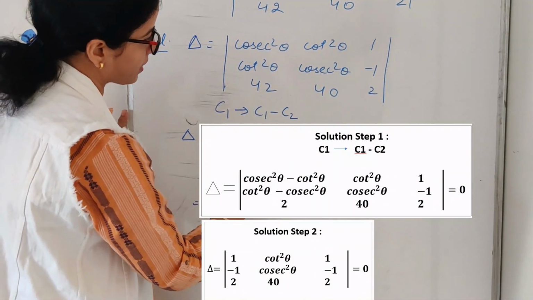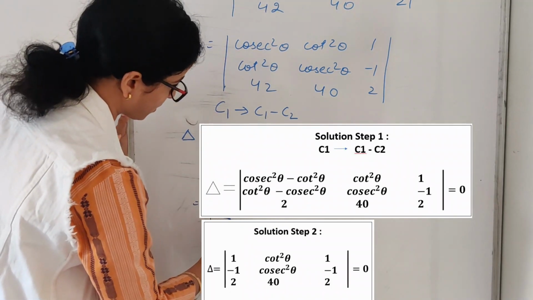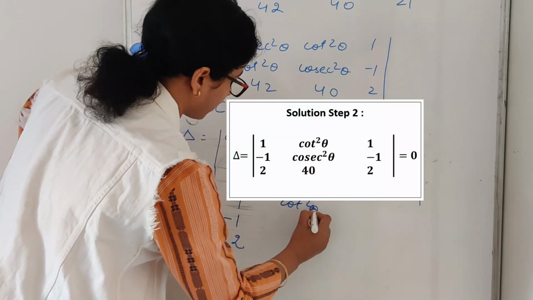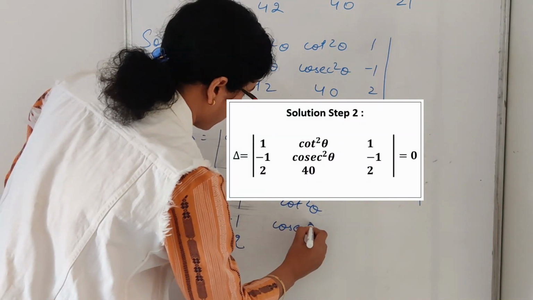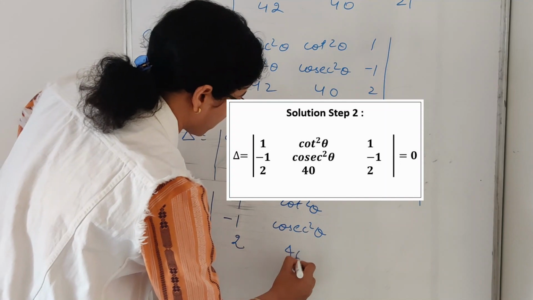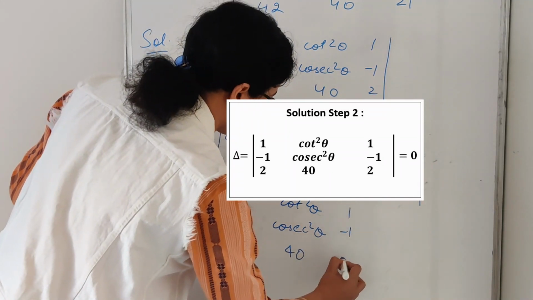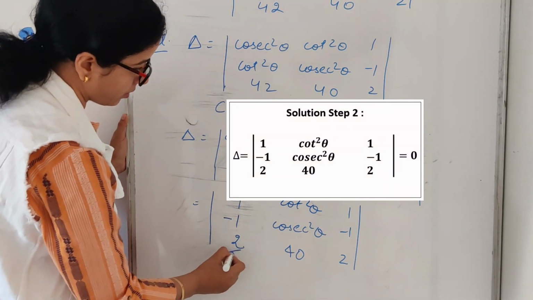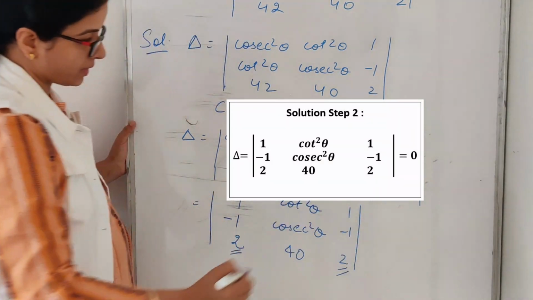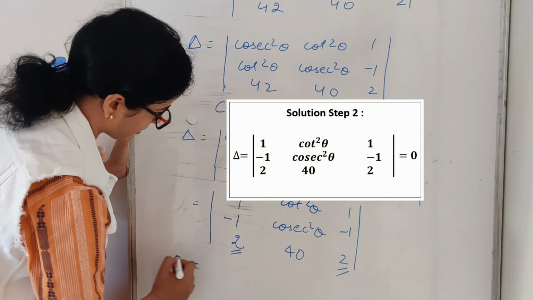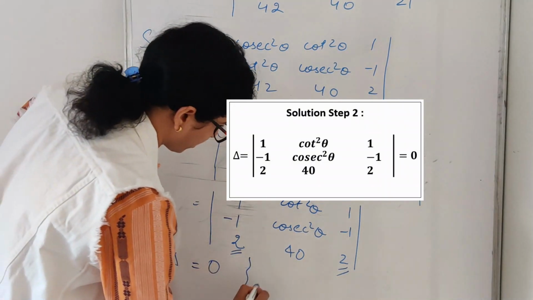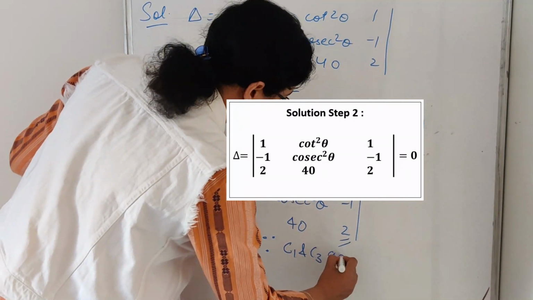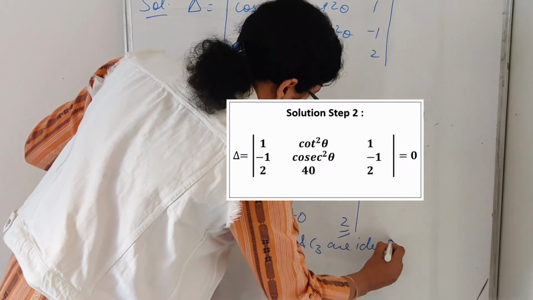If you take out the minus sign common, this again becomes the same identity. Now this column and this column are the same, hence the determinant is equal to 0 because column 1 and column 3 are identical.